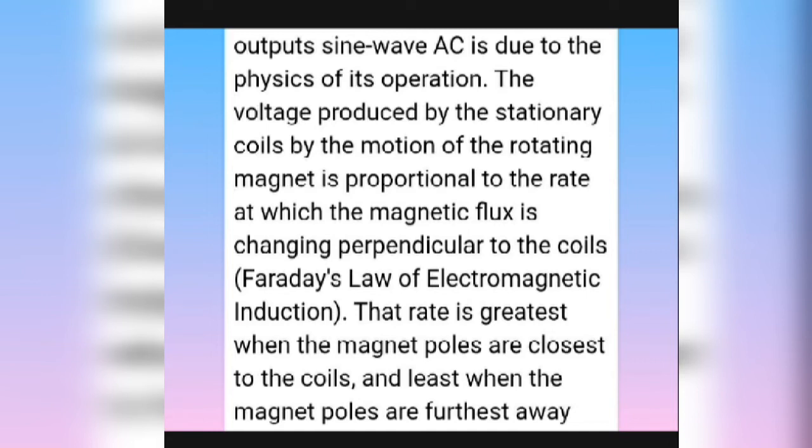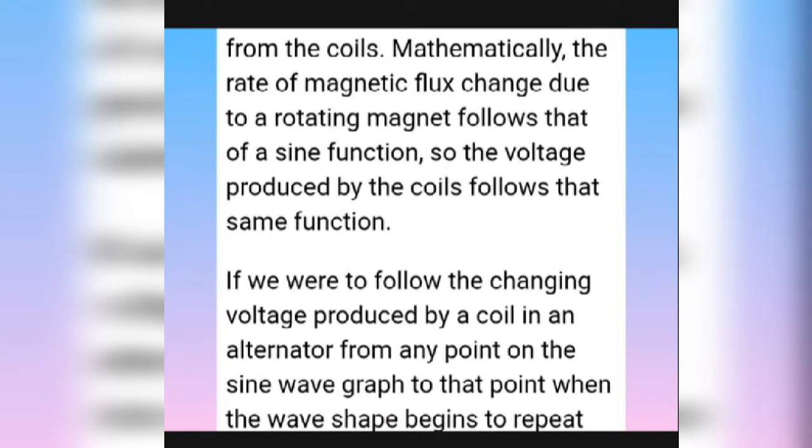By Faraday's law of electromagnetic induction, the rate of change is greatest when the magnetic poles are closest to the coil and least when the magnetic poles are furthest away from the coil. Mathematically, the rate of magnetic flux change due to the rotating magnet follows the sine function, so the voltage produced by the coil follows the same function.